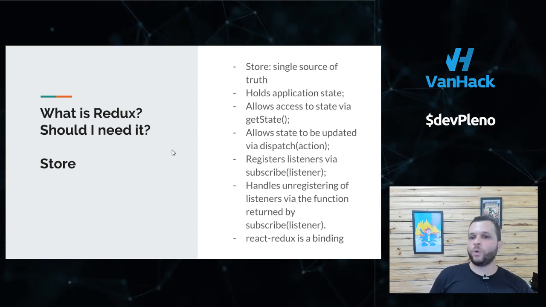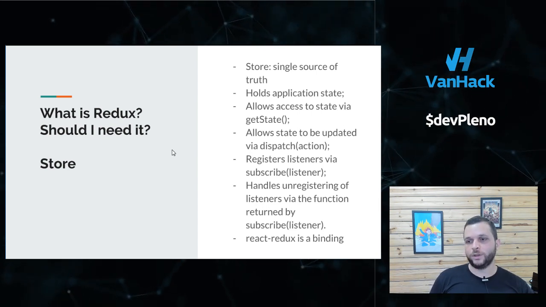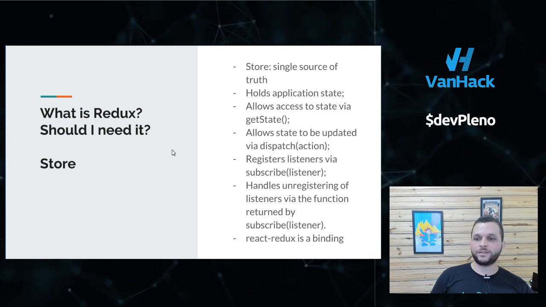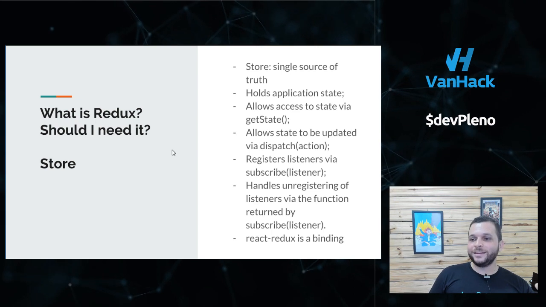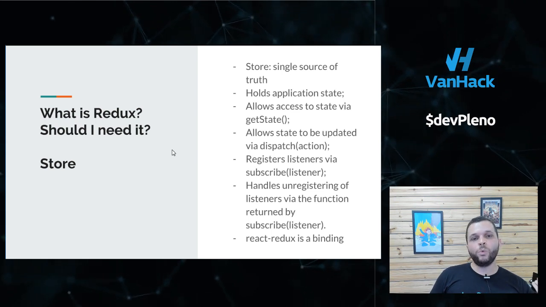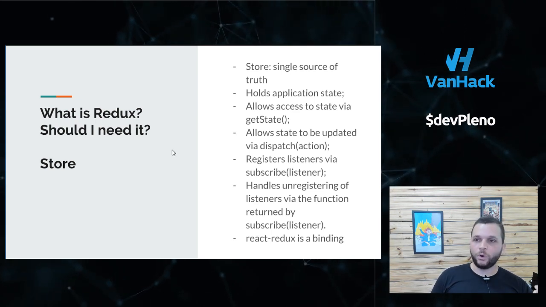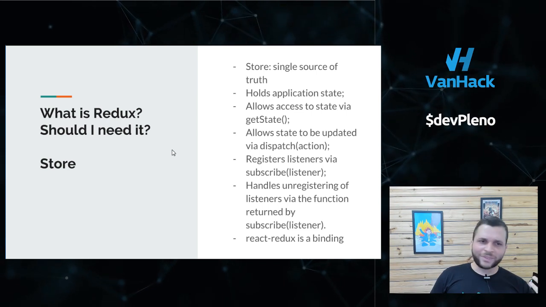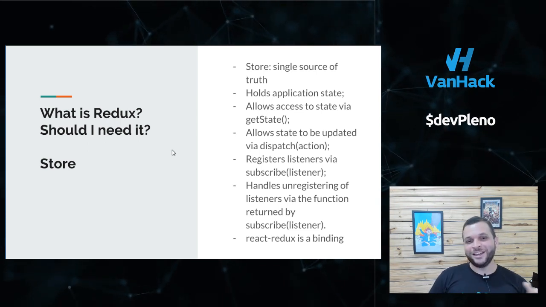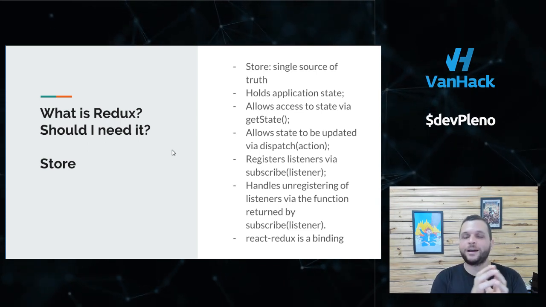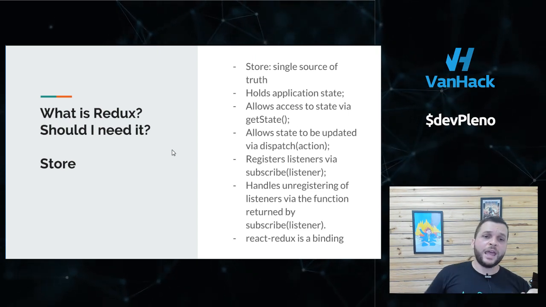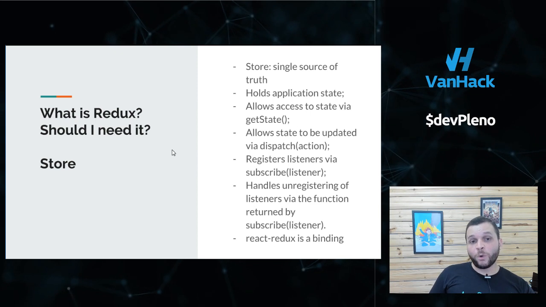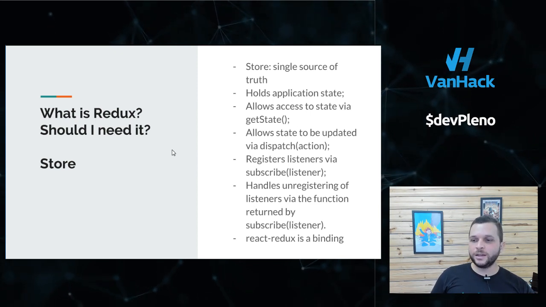So we have just one store per application. And what is that store? It's just one simple object, or a variable or anything. We can think of the store like a JavaScript object. So very simple. And the store will hold the application state.